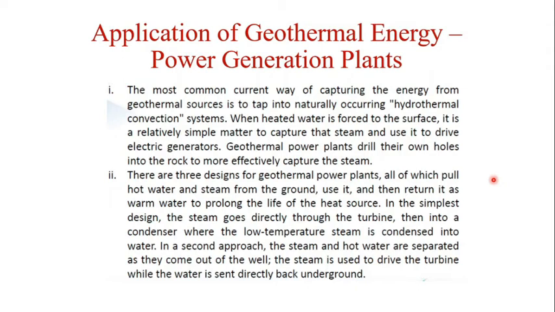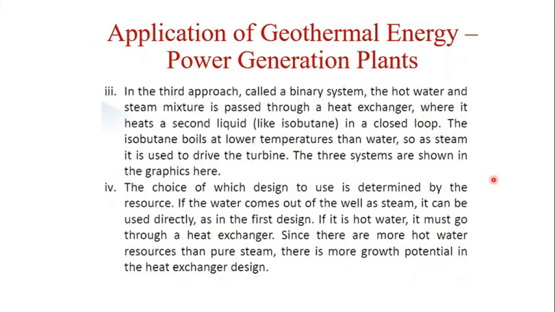In the simplest design, the steam goes directly through the turbine, then into a condenser where low temperature steam is condensed into water. In a second approach, the steam and hot water are separated as they come out of the well. The steam is used to drive the turbine while the water is sent directly back to the underground.